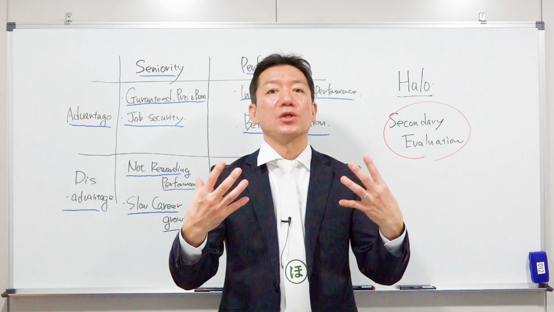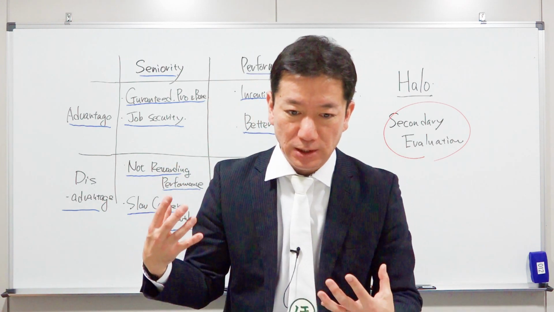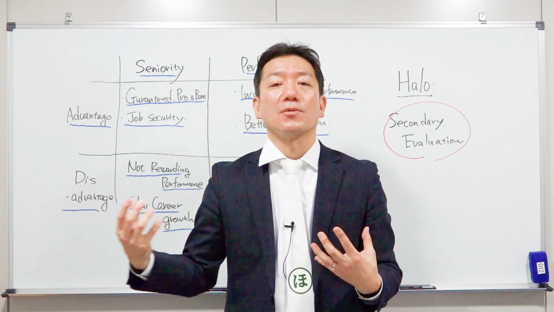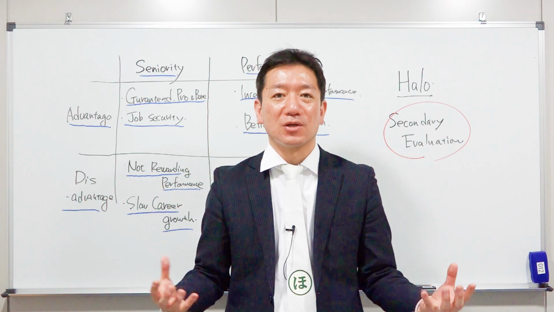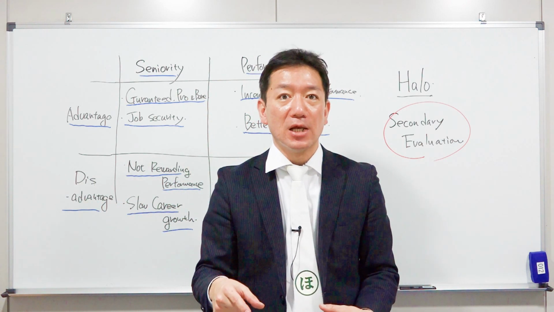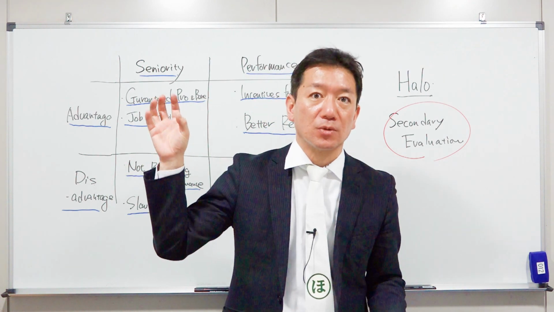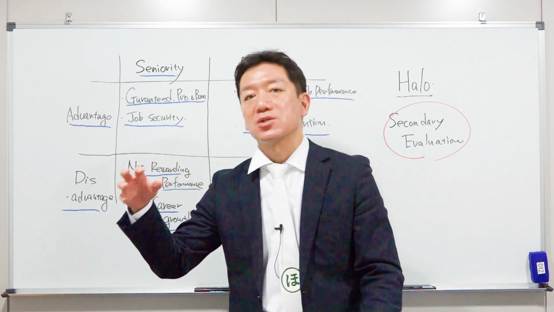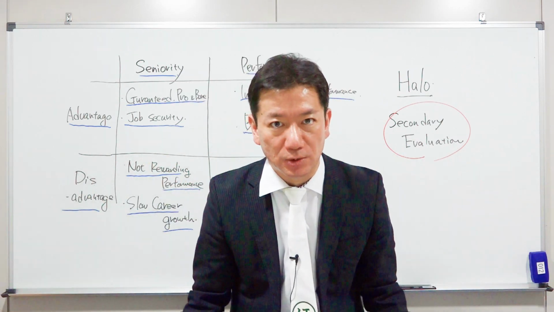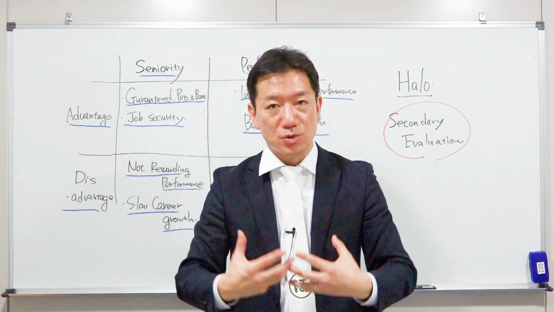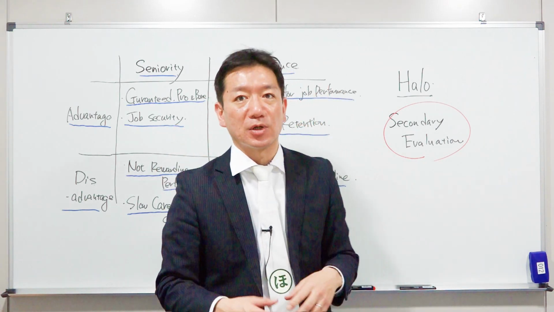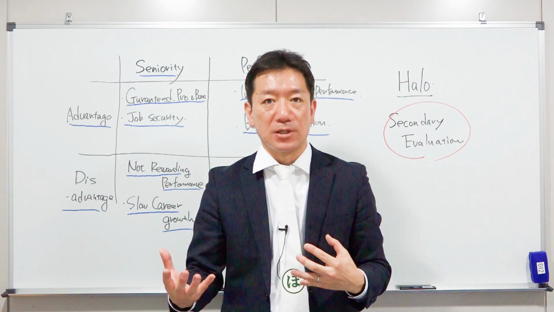If you get evaluation only from one person, only from your boss, maybe you can find some biases inside, right? But if you can get evaluation not only from your boss, but also from your peers, functional managers, other divisions' managers, 360 degrees evaluation system, you can eliminate bias. Well, that is secondary evaluation. I mean, second opinion. Okay?